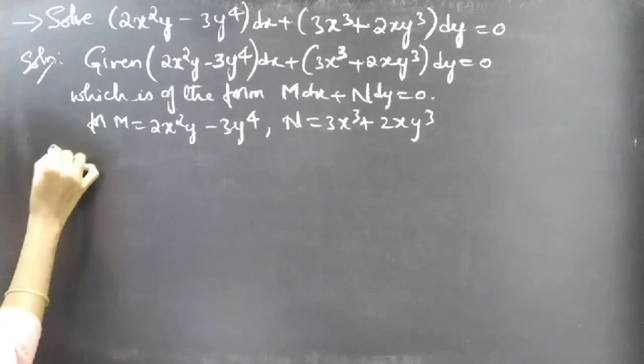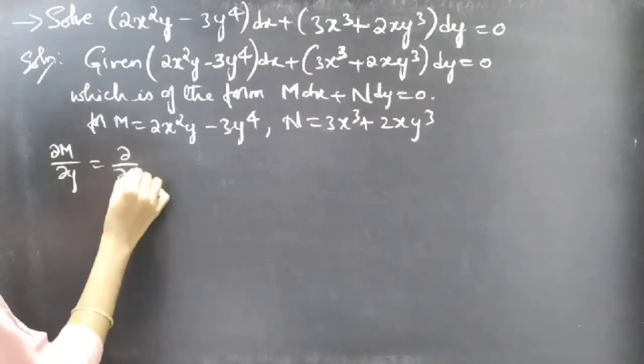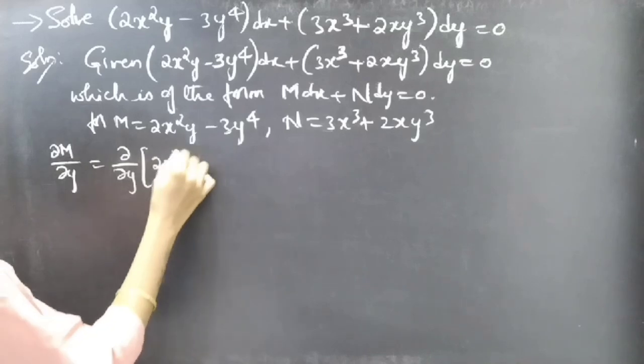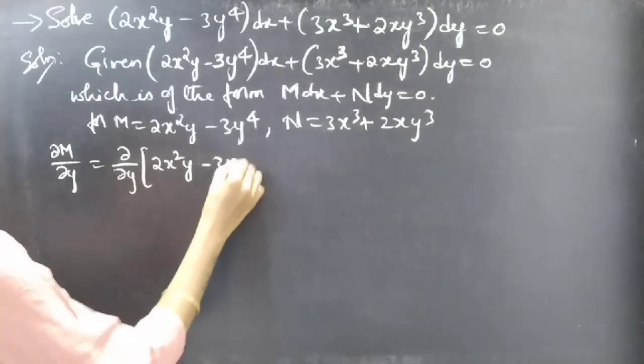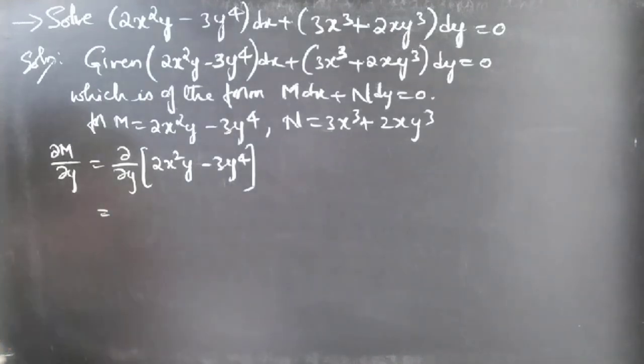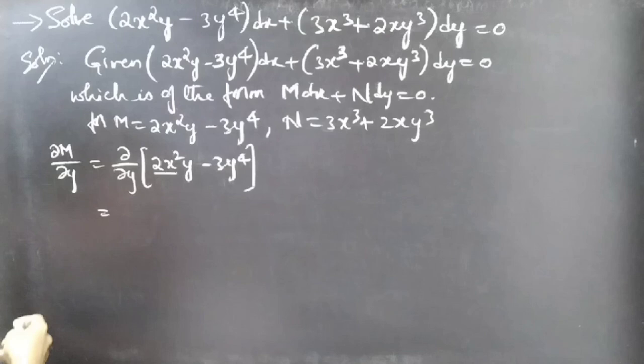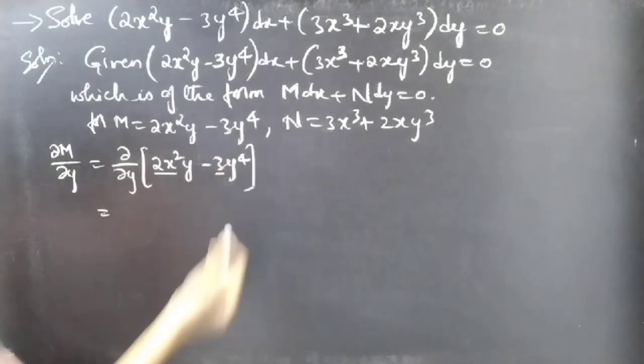I'll begin with the partial derivative of M with respect to y, for M = 2x² y − 3y⁴. Here we are partially differentiating with respect to y, so x will be treated as constant. In the first term 2x² is constant and in the second term 3 is constant.